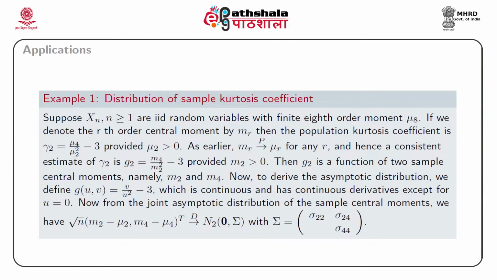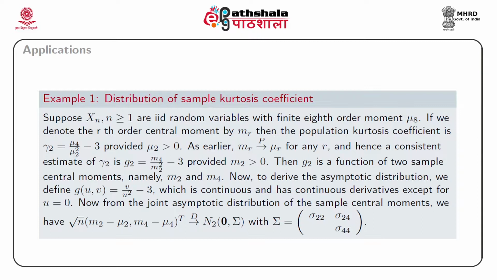Then G2 is a function of two sample central moments, namely m2 and m4. Now to derive the asymptotic distribution, we define g(u,v) as u by v square minus 3, which is continuous and has continuous derivatives except at v equal to 0. And we note that for v equal to 0, this kurtosis coefficient is not defined.